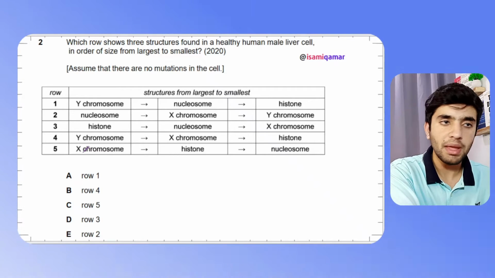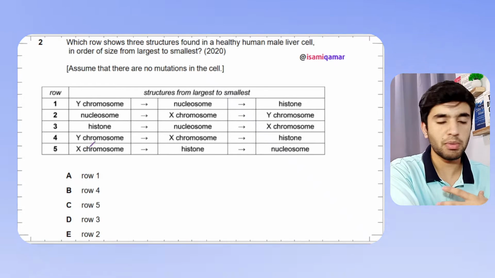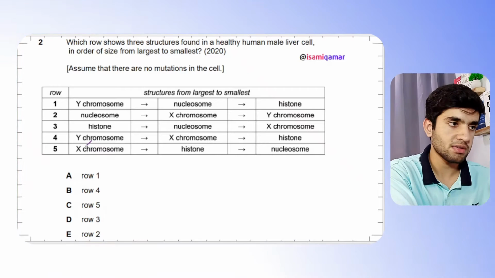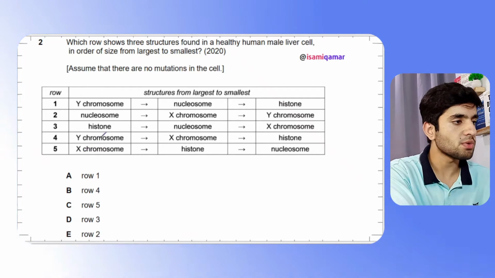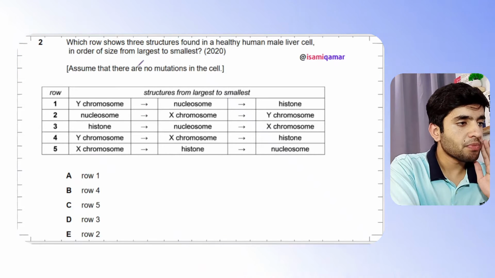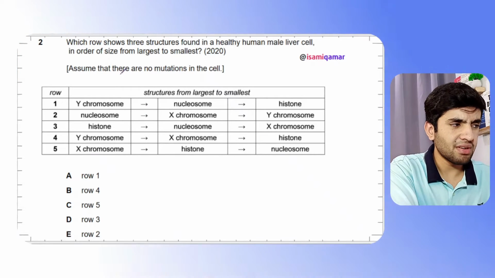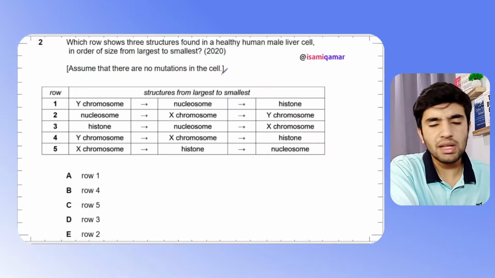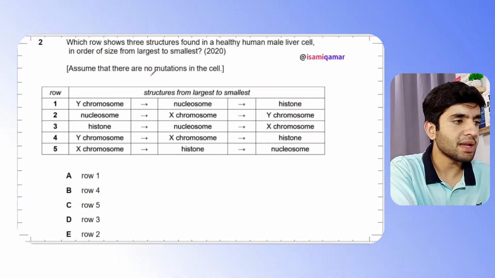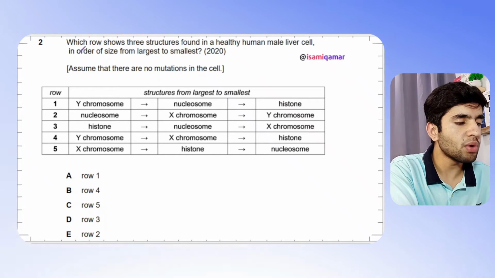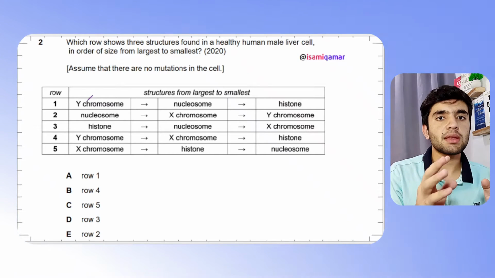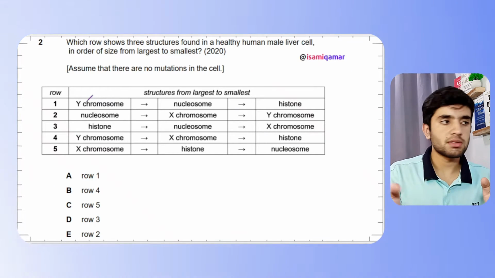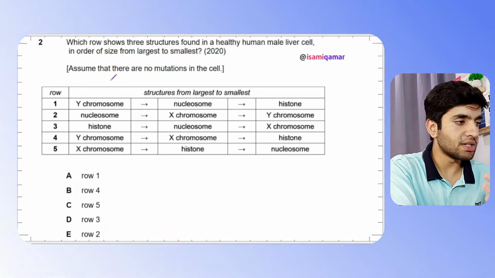Male has got the Y chromosome from father and X chromosome from mother. I assume there are no mutations in the cell. We have to arrange the structures with the largest first, then smaller, then the smallest.